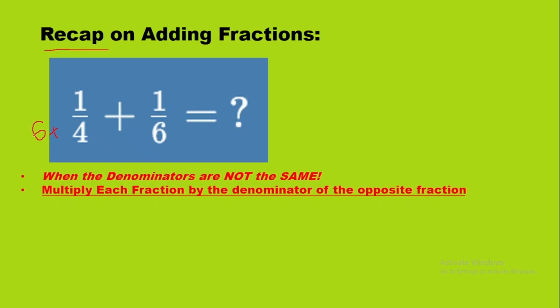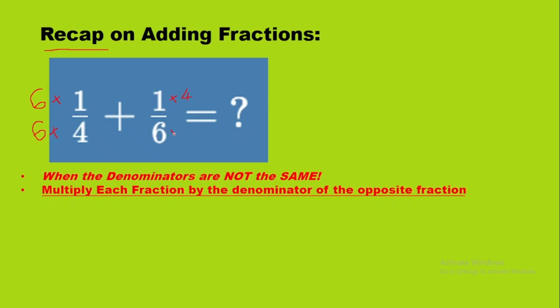Anytime you multiply the bottom part of the fraction, ensure that you multiply the top part as well. The reason why we multiply both the top and the bottom by the same number is because we have to balance out the fraction. So for the second fraction, 1 over 6, we'll multiply by 4 because it is the denominator of the opposite fraction.